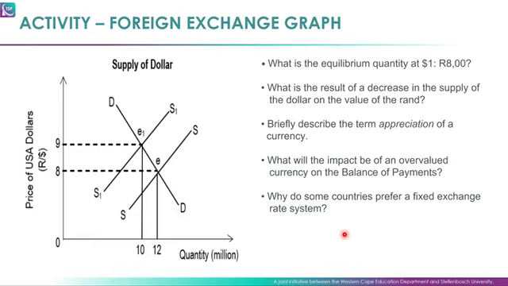And what will the impact be of an overvalued currency on the balance of payments? And then why do some countries prefer a fixed exchange rate system? Sure, I think 2 minutes is a bit little for all of these questions, actually.